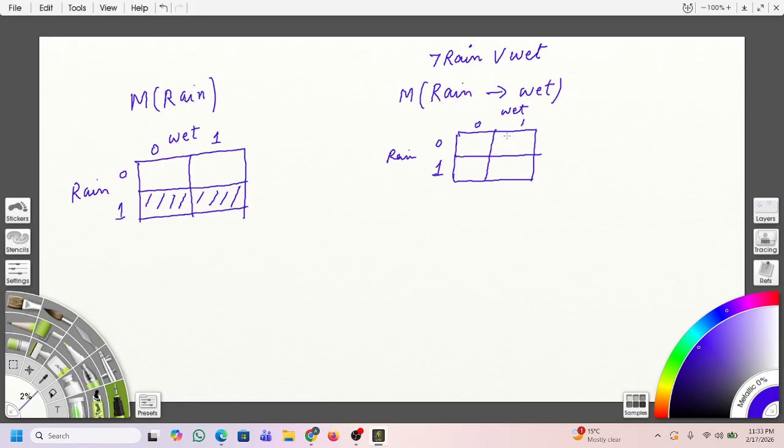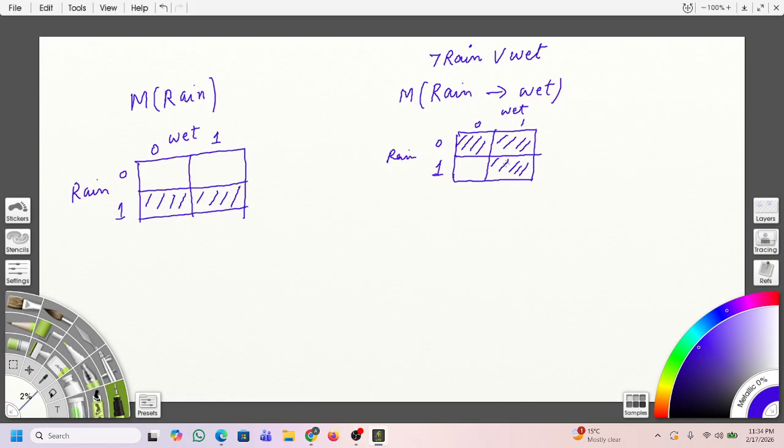If wet is true, whether rain is 0 or 1, the output is true. If rain is 0 and wet is 1, then the output should be 1. And if rain is 1, then its negation will become 0, or we are having wet, so in such a case also we will have the output as 1. So it is mentioned here in this particular part.